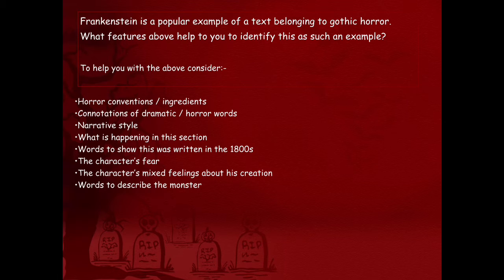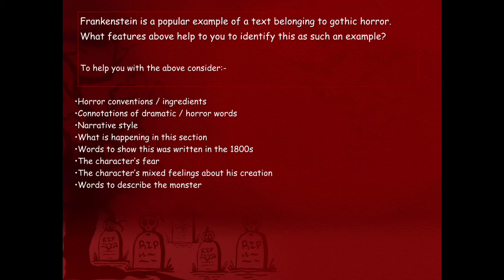So let us further unpick what I've just read. We know that Frankenstein is a popular example of a text belonging to the Gothic horror. There are some features that we need to consider, and I started to talk about them. You need to think about the horror conventions or ingredients, the dramatic and horror words that he uses and the contrasting words, the narrative style, and what is happening in this section.